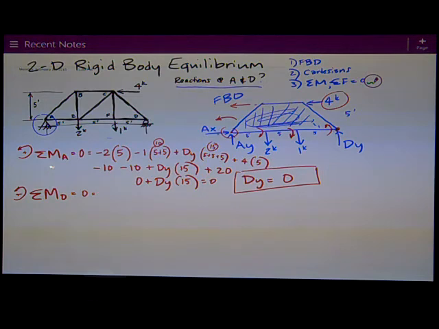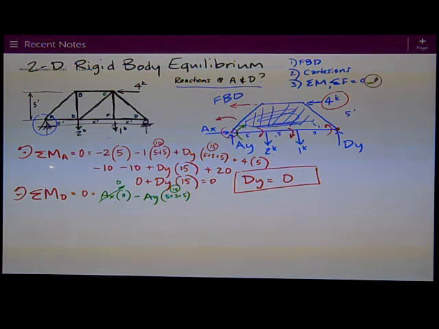So, starting off over here, AX passes through point D, so it has no Y distance, so it creates no moment. But AY is assumed up, so it's going to create clockwise rotation, so that's going to be a negative AY times this distance of 5 plus 5 plus 5, or 15.